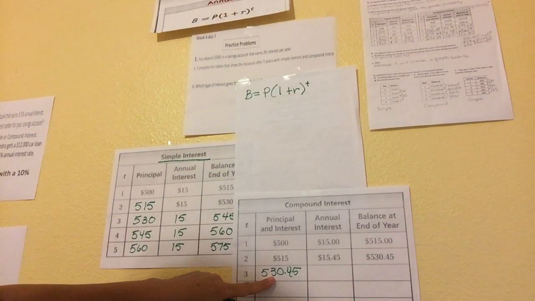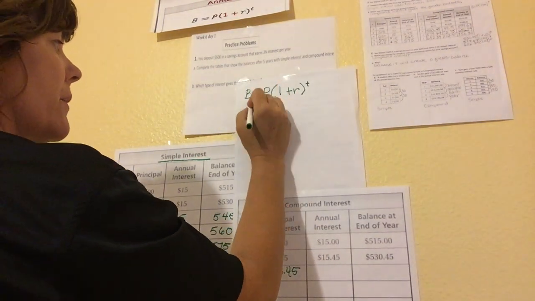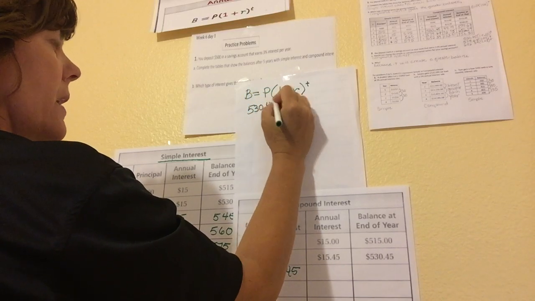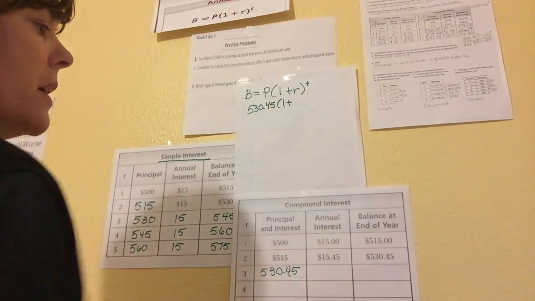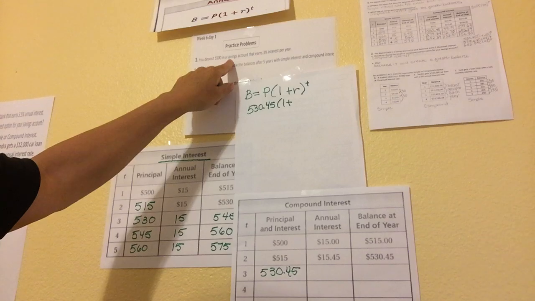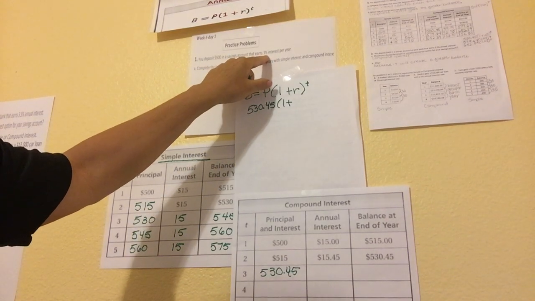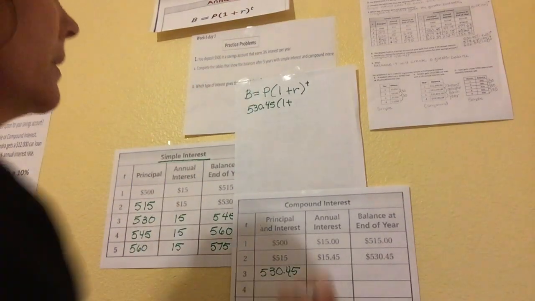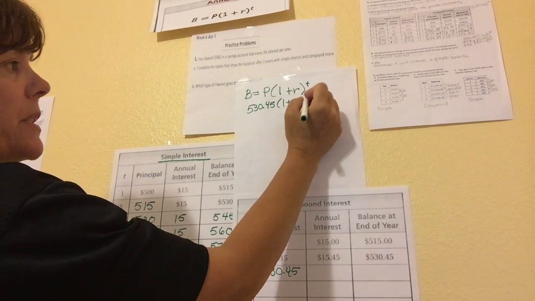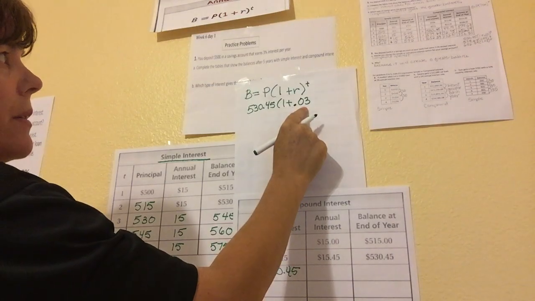So we're going to plug in this 530.45, okay? So we have 530.45, and then we have 1 plus, and our interest rate is what? You deposit 500 into a savings account that earns 3%, okay? So I'm converting the percentage to a decimal, okay? So 0.03 means 3%, okay?